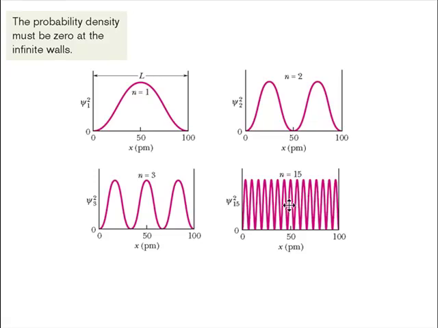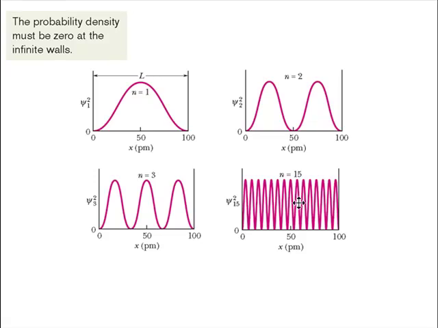Now, it is true that for n equals 15, there are still places that if we measure carefully enough, we can't find the particle. But imagine that n went from 15 to, say, 200. Pretty soon, the size of these bumps is much smaller than the size of any measuring device we could use. And it starts to appear that we have a completely even probability distribution. Same probability of being found anywhere within the box.